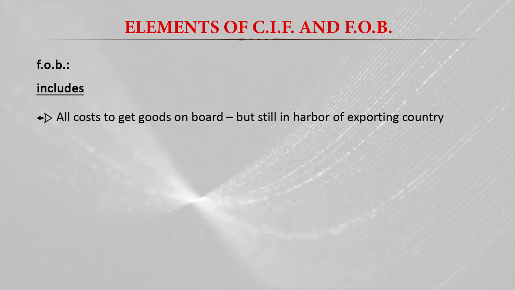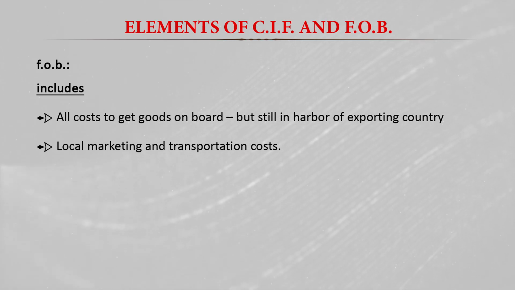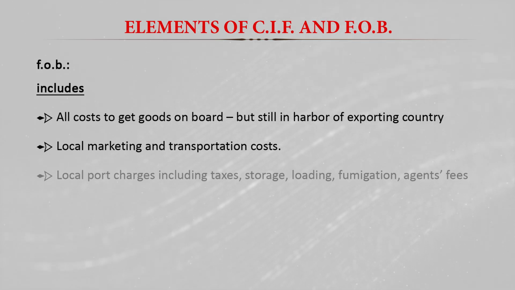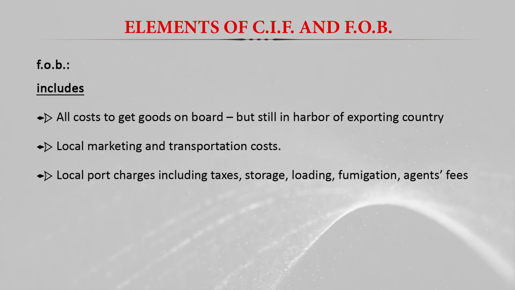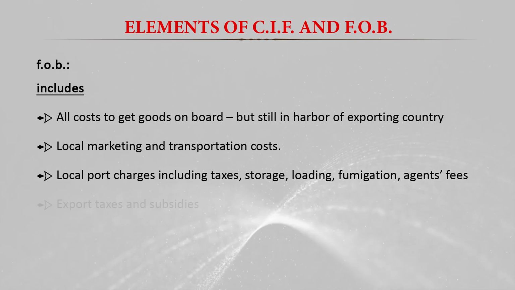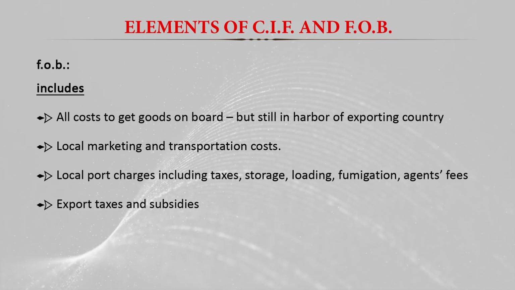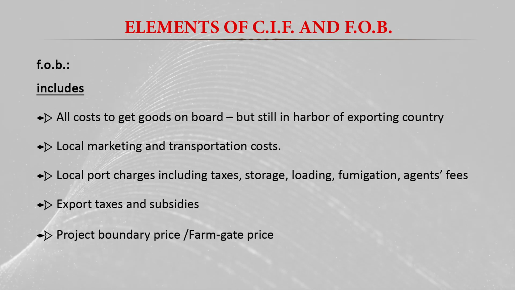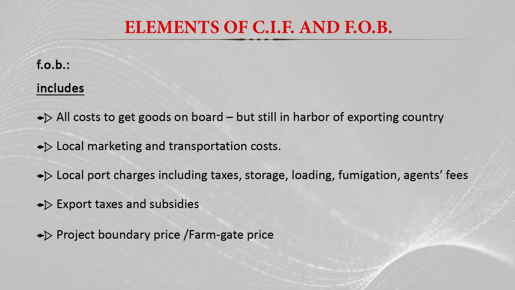So here we should include the local marketing and transportation cost, the local port charges including taxes, storage, loading, fumigation, agent fee, and also the export taxes and subsidies, and here we also include the project boundary prices and farm gate prices which are paid to the farmers.